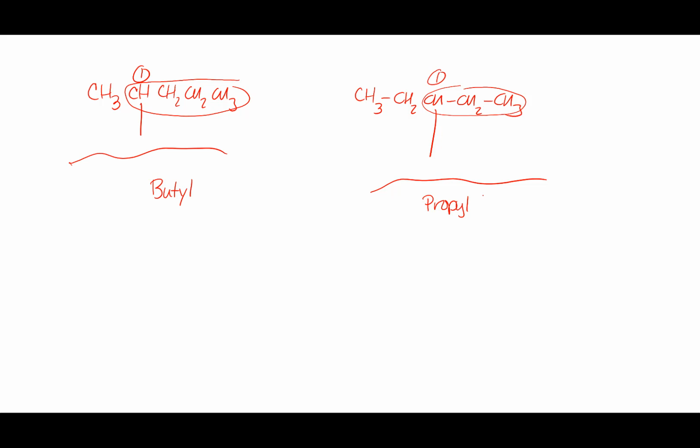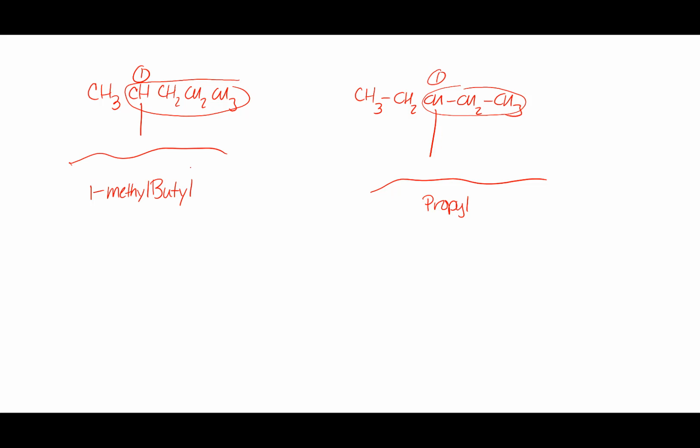Either way, whether I numbered it to the left or to the right. Now, what's attached to that butyl group on the one on the left? There is a methyl group at carbon 1. So this is a 1-methylbutyl group.